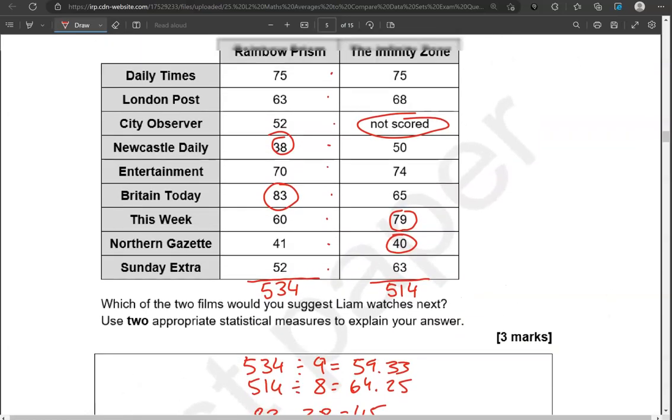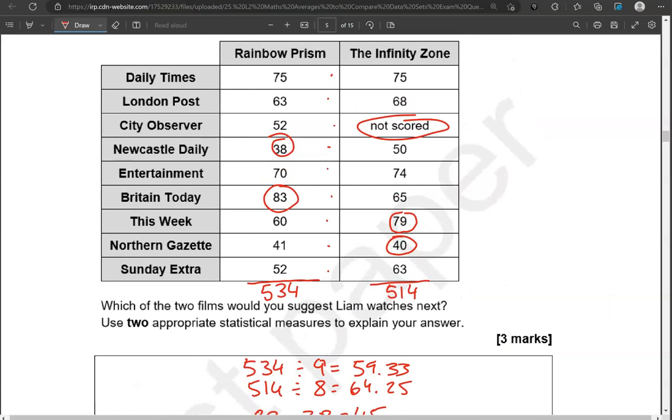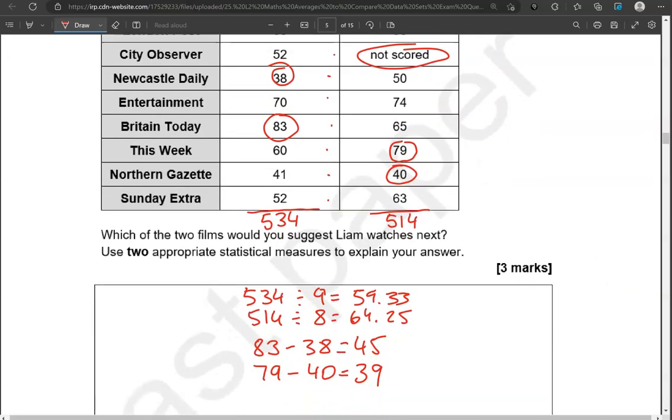So we can say that the Infinity Zone has a higher mean scoring and the scores are more consistent.